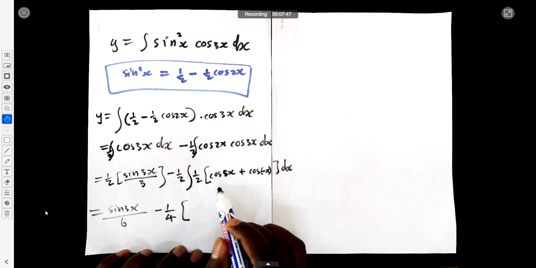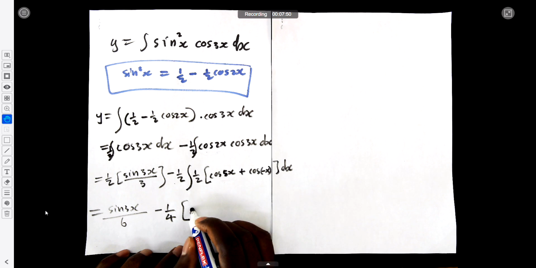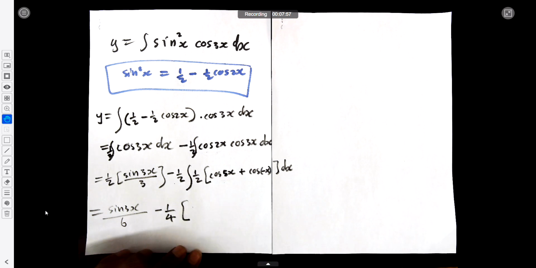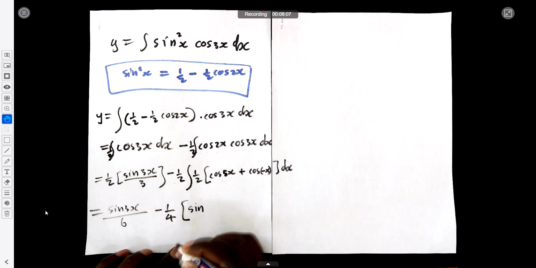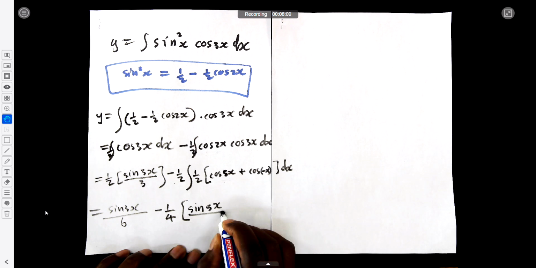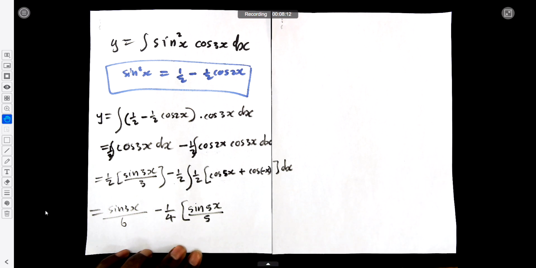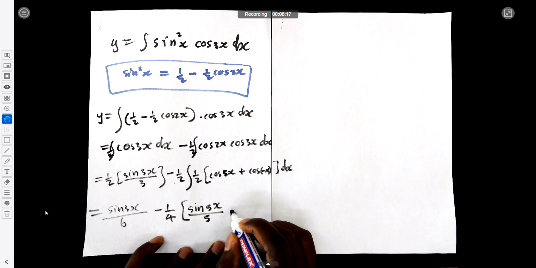The integral of cos 5x is sine 5x all divided by 5, by the derivative of the angle. Same thing for the next one, we divide here. This is still plus.